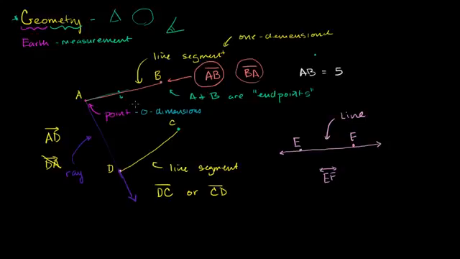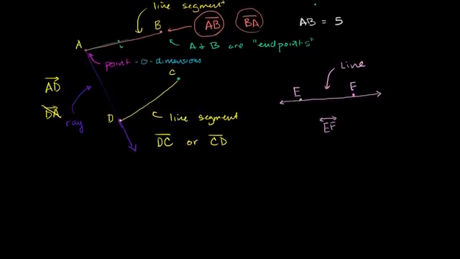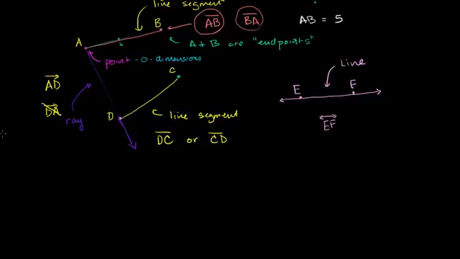Now, if we go back to a line segment, just to keep talking about new words that you might confront in geometry, let's say I have point X and point Y. And so this is line segment XY. So I could denote it just like that. If I have another point right over here, let's call that point Z. And I'll introduce another word.